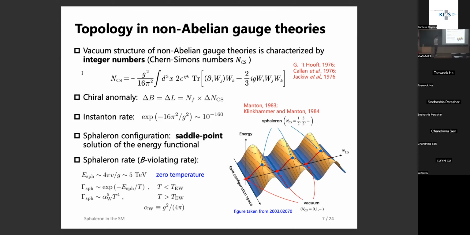Therefore, the rate of the baryon number violating process is determined by the Sphaleron transition rate. And at zero temperature, the Sphaleron energy, which corresponds to the height of this energy barrier, is proportional to the scale of electroweak symmetry breaking, and its typical scale is around 5 TeV. At low temperature, the Sphaleron rate is exponentially suppressed, while at high temperature, the Sphaleron rate is very efficient and is not suppressed.